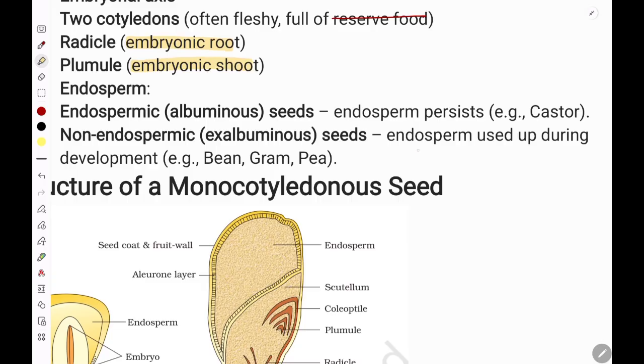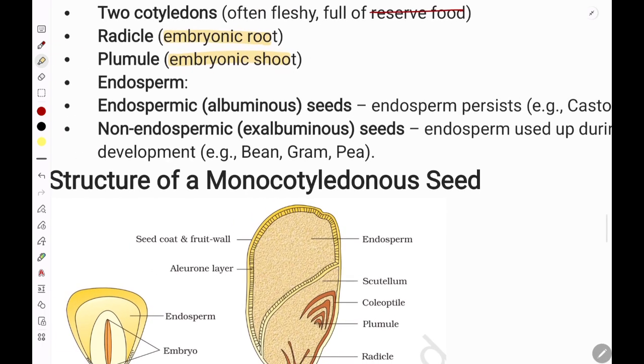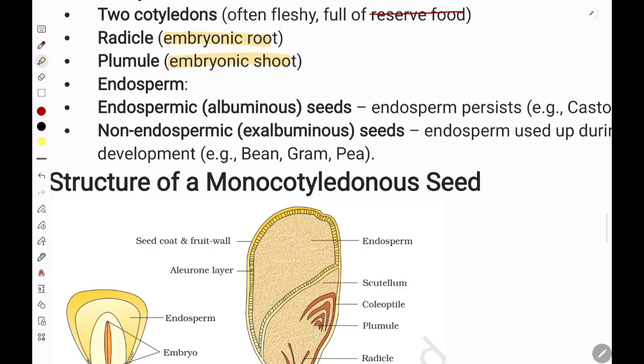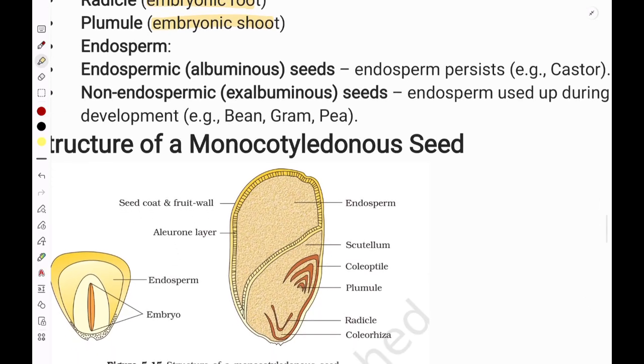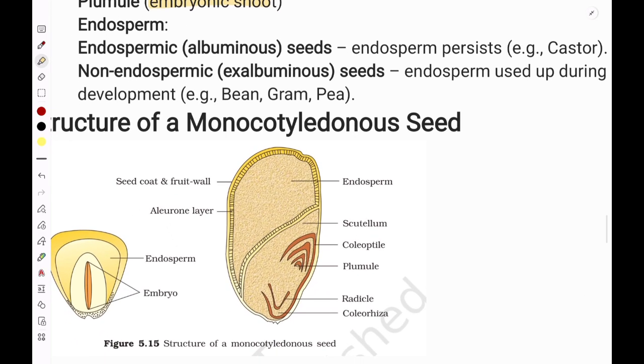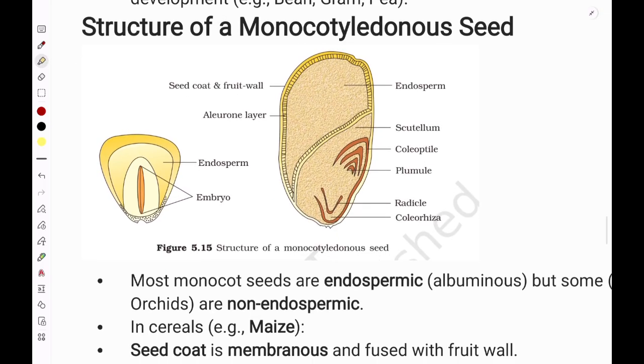Non-endospermic seeds are the seeds which do not have endosperm after development, because the endosperm is consumed by the embryo for developing. For example, bean, gram, and pea.